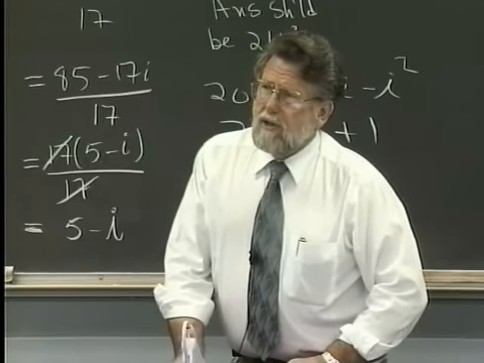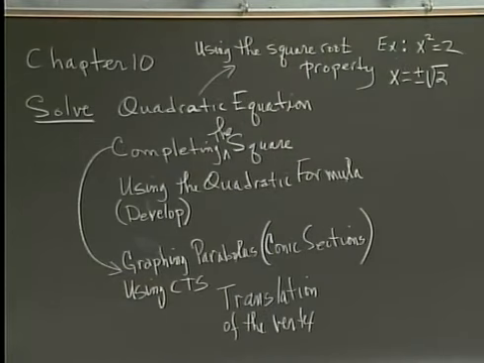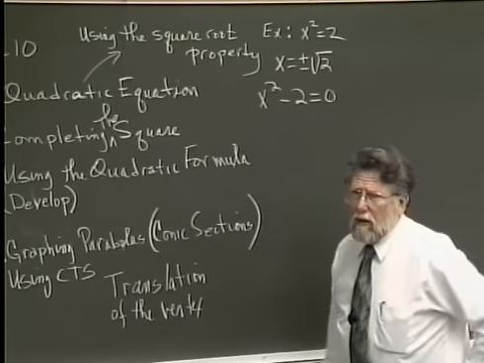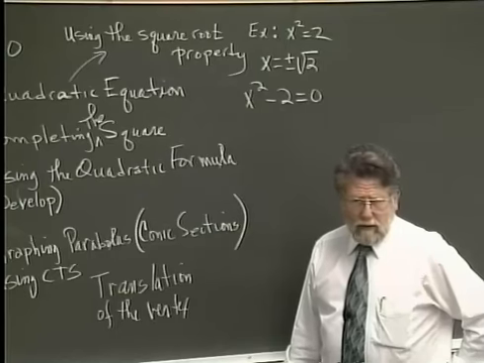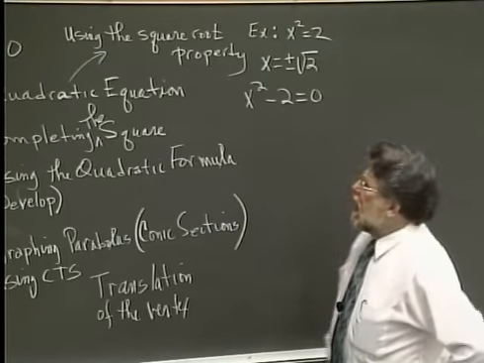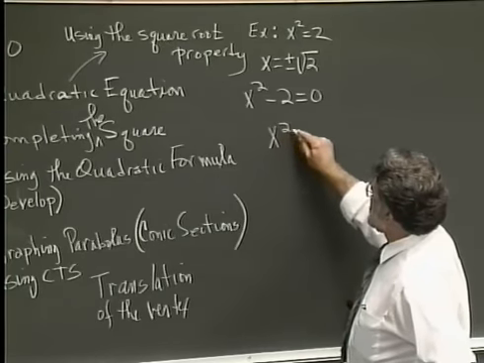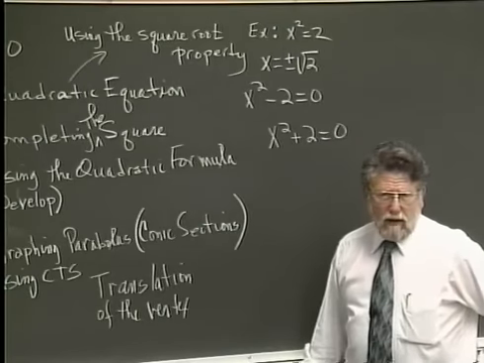Now, Ernie, coming back to that equation at the top there where I have x squared equals 2, that'll be fine. The idea was that in order to solve that equation and have two solutions, because this was the equivalent of x squared minus 2 equals 0, that I needed to introduce a new number system, hence the real numbers. And then we asked, as we did this kind of problem, what happens as I go from x squared minus 2 equals 0 to x squared plus 2 equals 0?